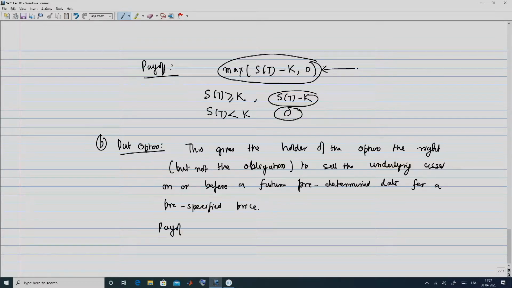And in this case, the payoff is going to be maximum of k minus St comma 0.